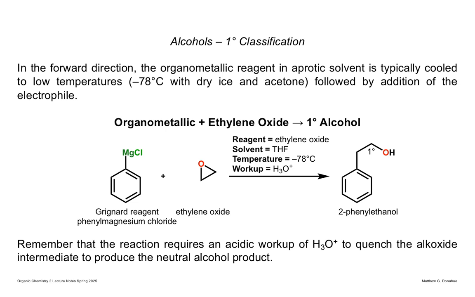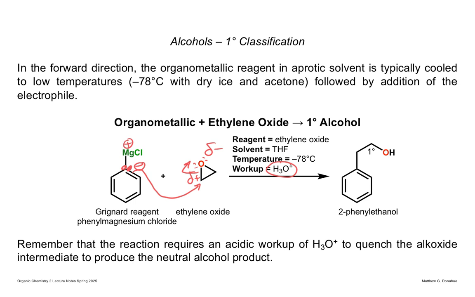So in the forward direction, say we have phenyl magnesium chloride. We can see again that carbon is minus, the magnesium's plus, so we match up the polarity. That will attack the carbon, the ring will open, and then we adjust the pH to acidify.